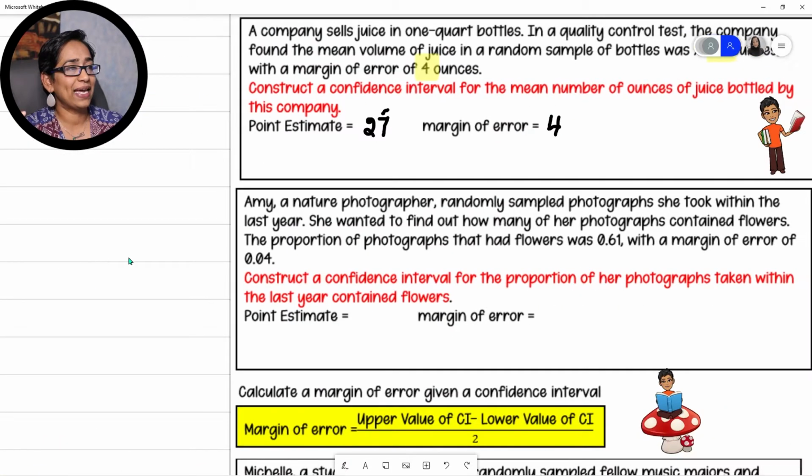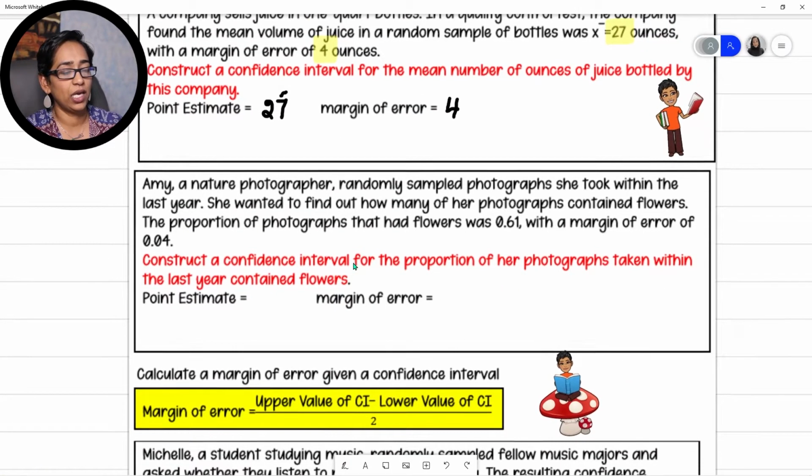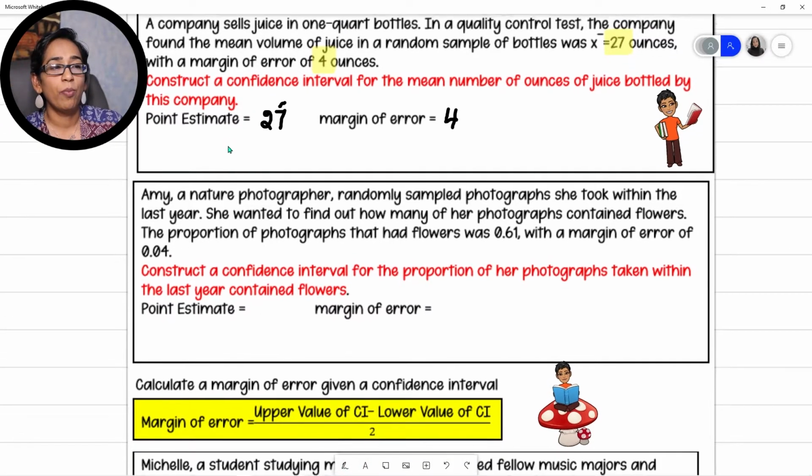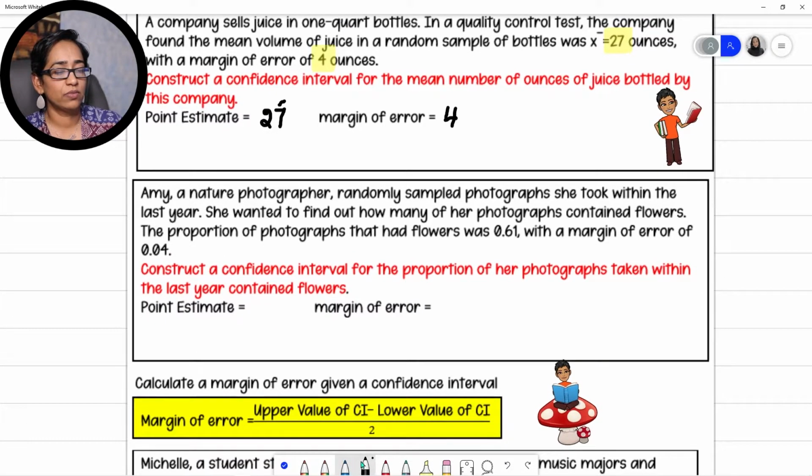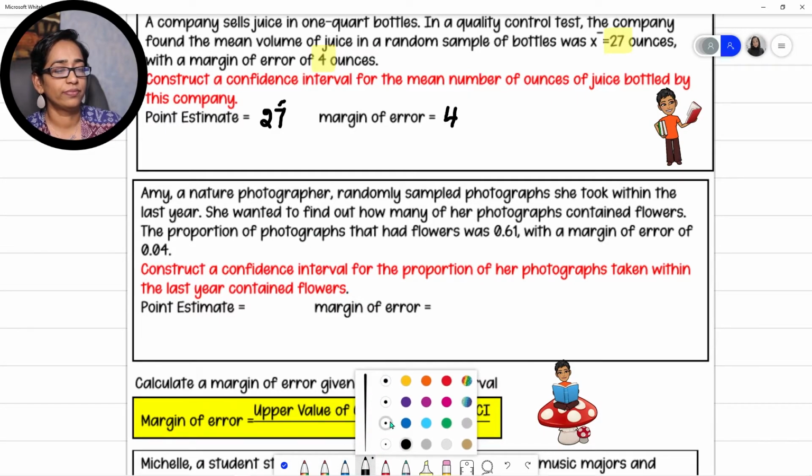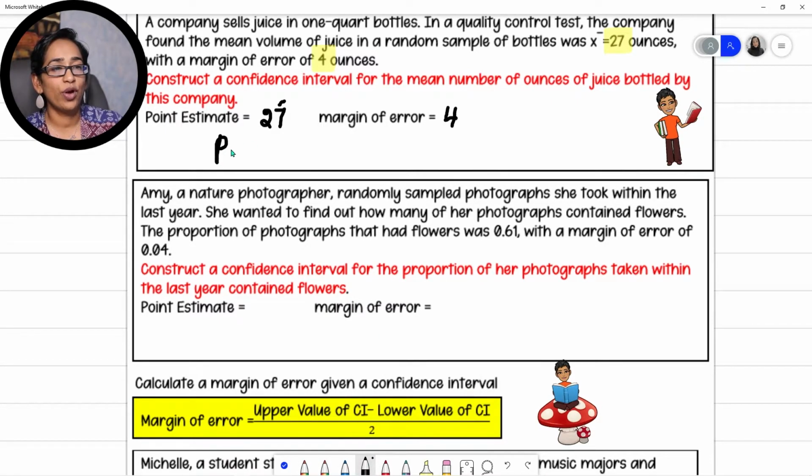So once I know that, let me go back here. So it's point estimate minus margin of error. That is my lower limit. Point estimate plus margin of error.